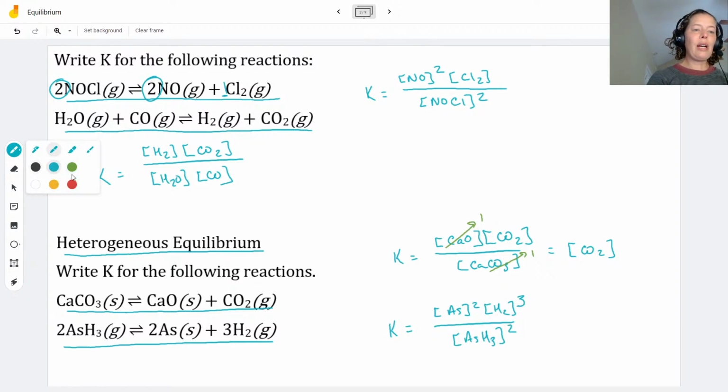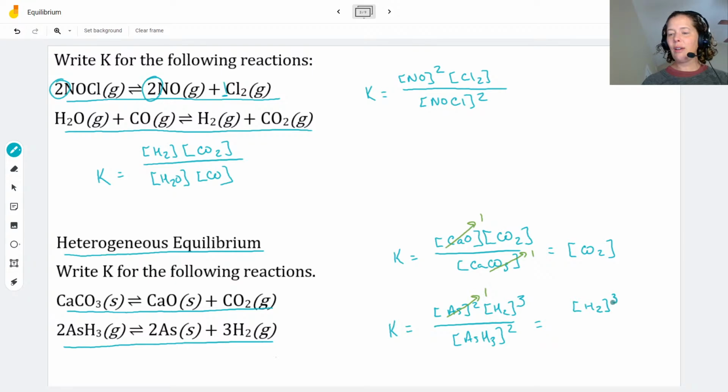And now I'm going to pull out my pure solids and liquids. In this case, that is this one. That goes to 1, and those two gases stay in. So this equation simplifies. It's still a fraction or a ratio, but it has simplified. Okay, so that is how you handle heterogeneous equilibrium if you've got a mixture of gases, solids, and liquids.